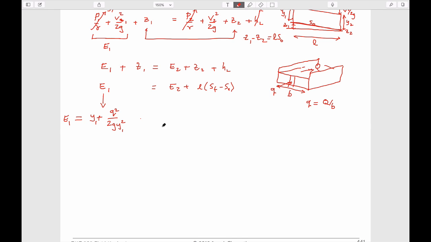And so if this is the case, we can always relate e as being equal to y plus q squared over 2gy squared. And what we did last time, I think, was we multiplied everything by y squared, right?